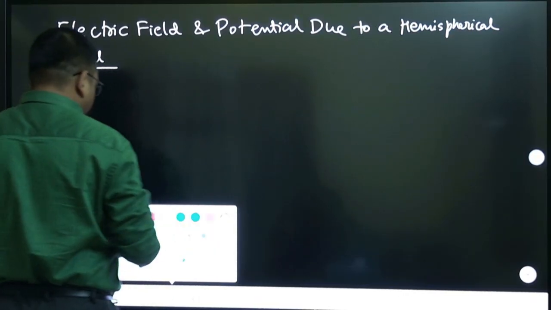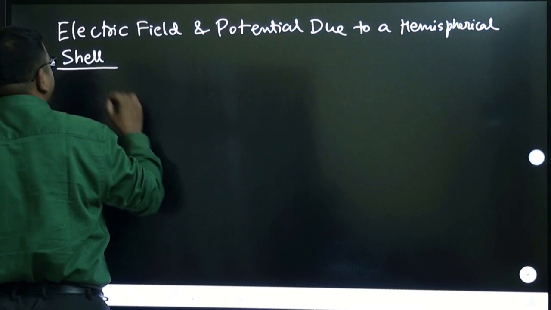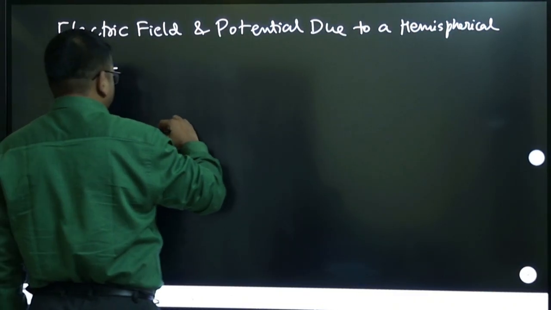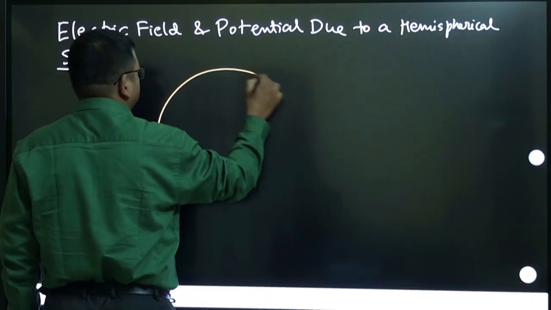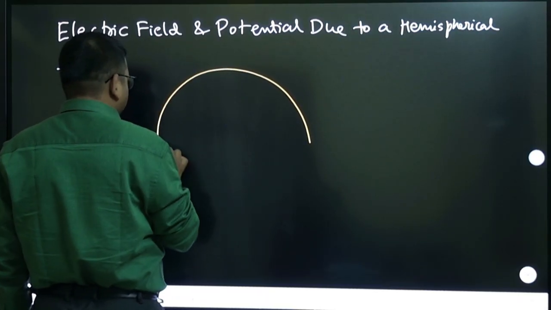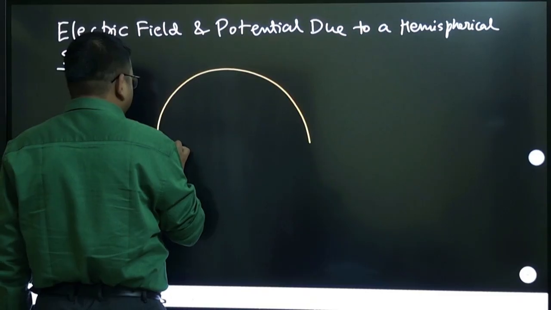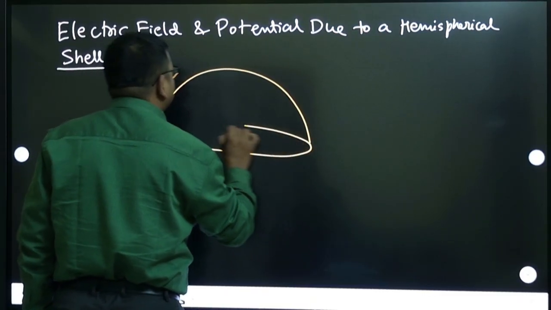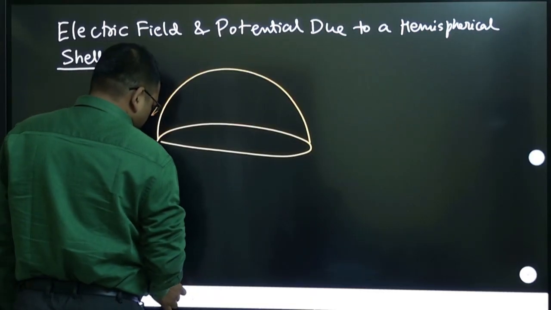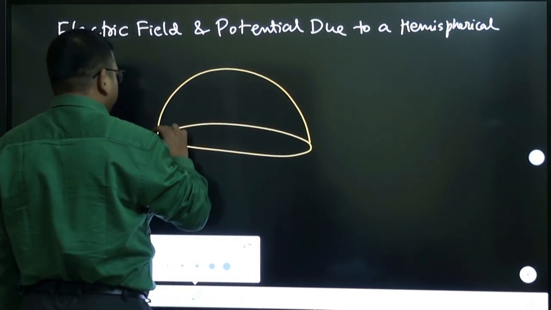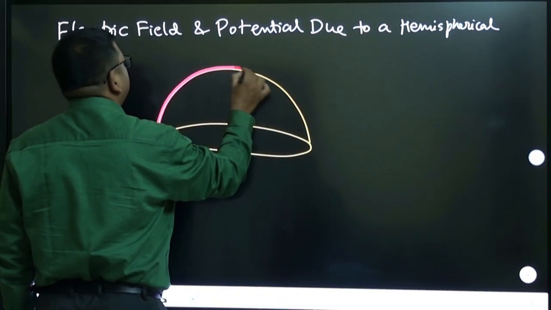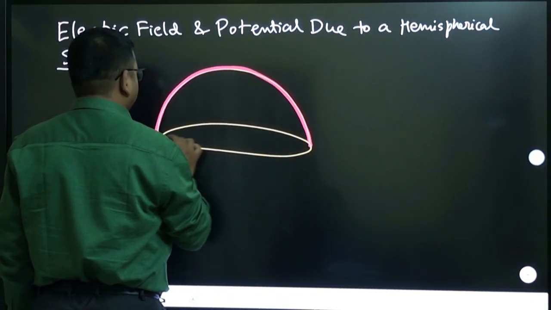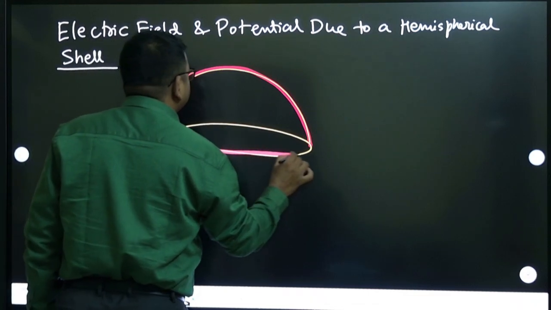Okay, so let us take this hemispherical shell like this. You can join it like this also, but it is a shell. Shell means charges are present everywhere here. It is a very thin shell.